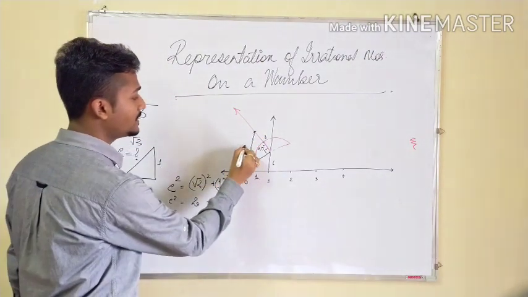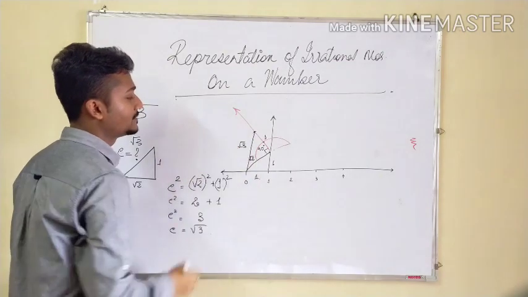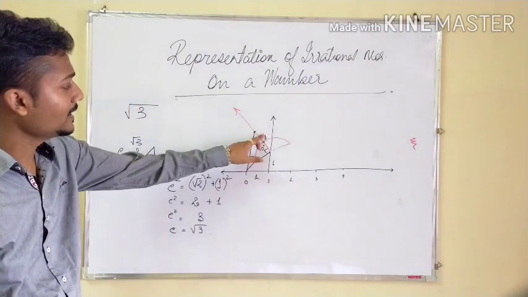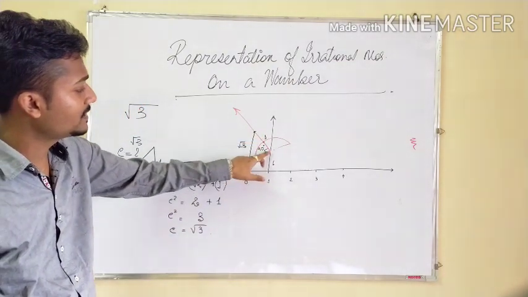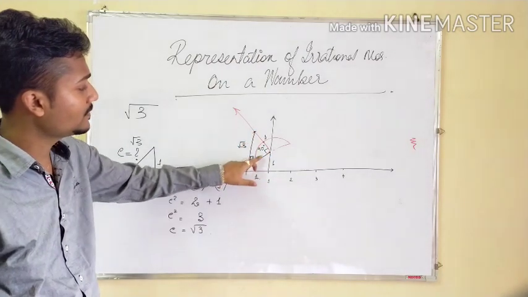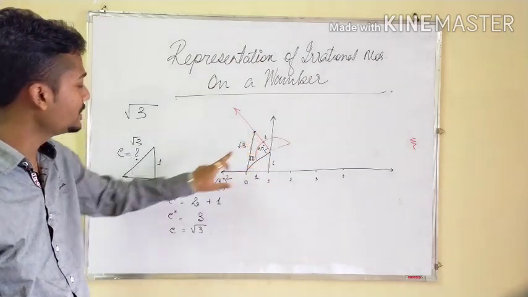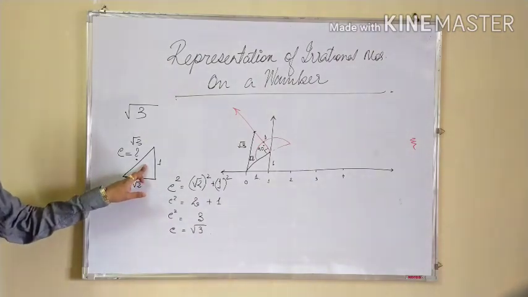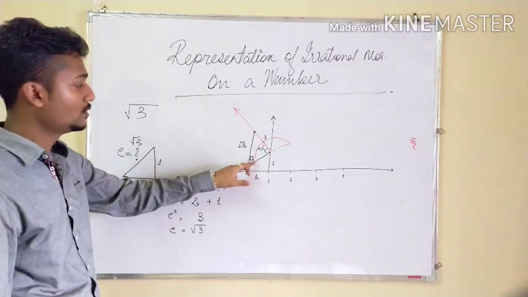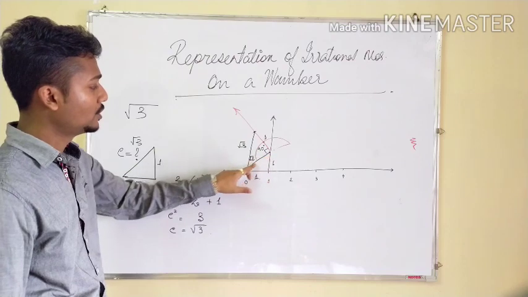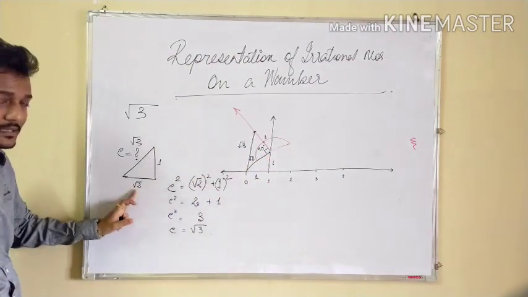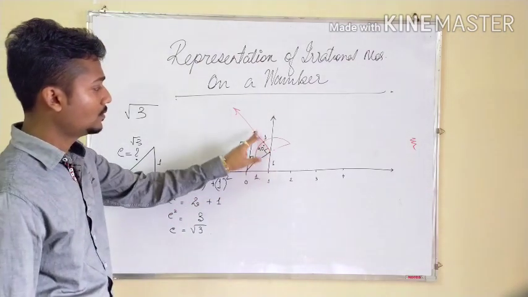What is the measurement of this? Root 3. Root 2, 1. See this particular triangle carefully, it is similar to this. Here the base is root 2.